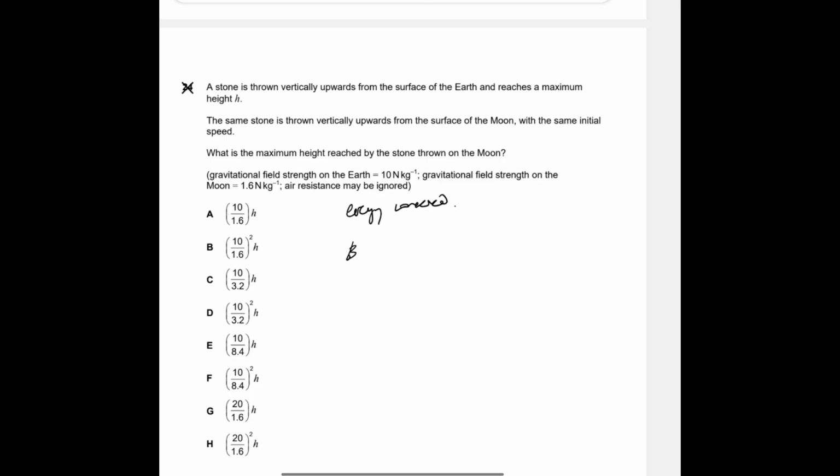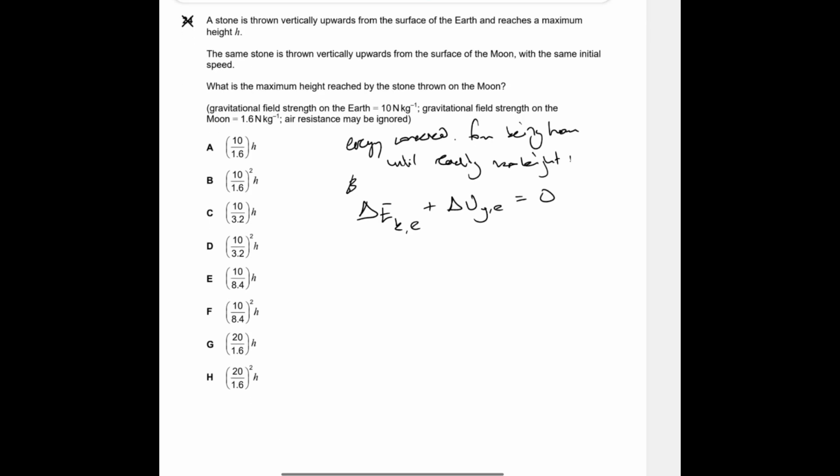So let's say from being thrown until reaching max height, we can say the change in kinetic energy, let's say for the Earth first, plus the change in the gravitational potential energy for the Earth, for the rock being thrown on the Earth, is 0.